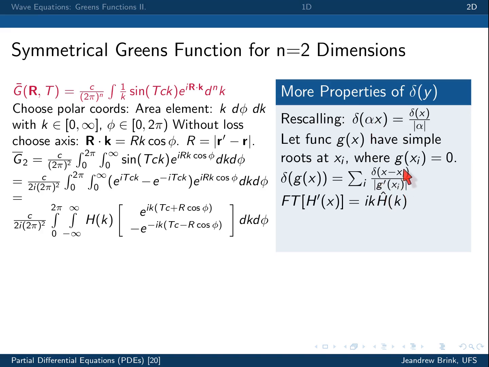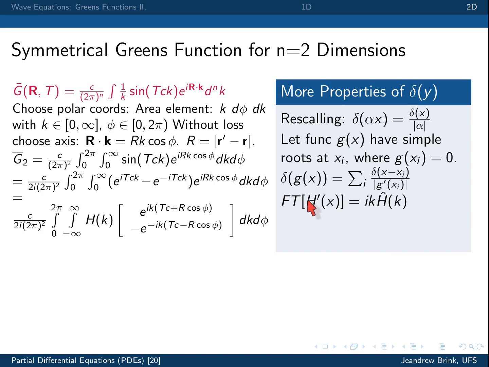Okay, the second thing that I should comment on, where I didn't completely tell you the full story in the previous lecture, is the Fourier transform of the derivative of your step function. Note that the Fourier transform of the derivative of the step function is a delta function, and we showed that that's just 2 pi.